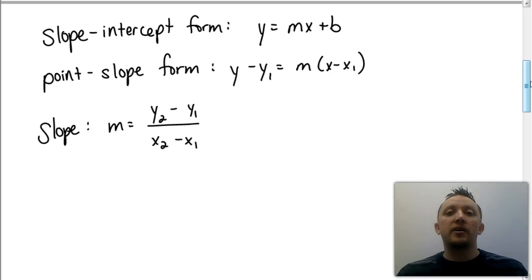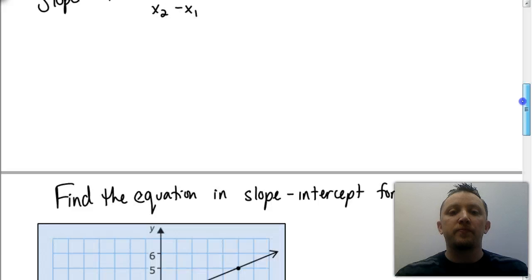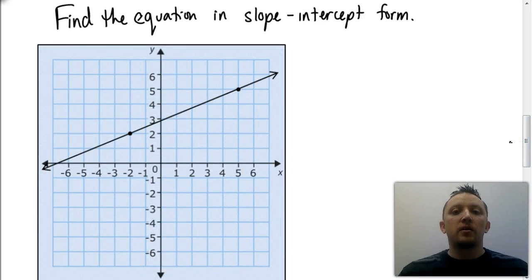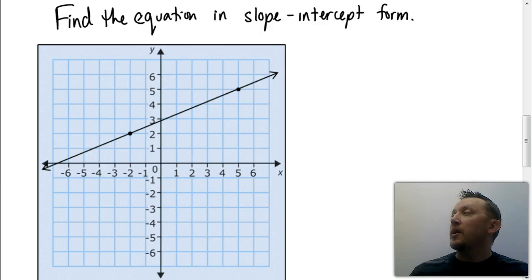So let's look at what we're going to be trying to find. So here they give us a graph, and in the graph it looks like they give us a couple of points very clearly, and we want to come up with the equation of a line that's going to go through those 2 points. Now, a little note here. Notice how the points that they gave us, none of them are on the y-axis.